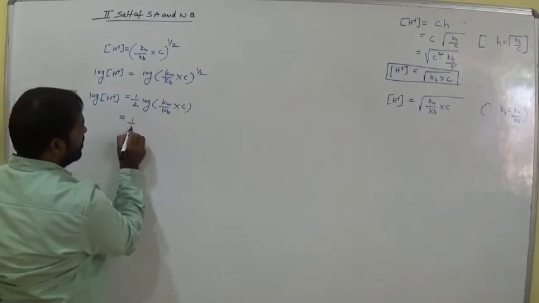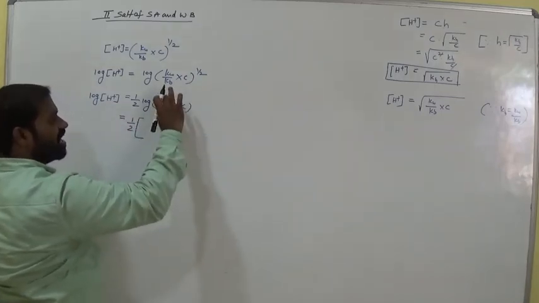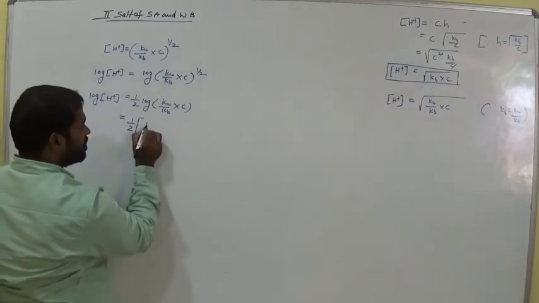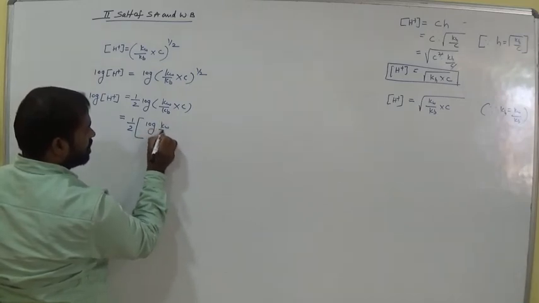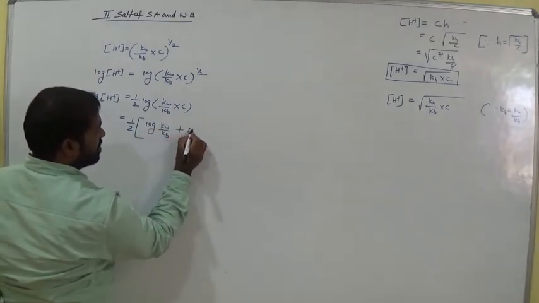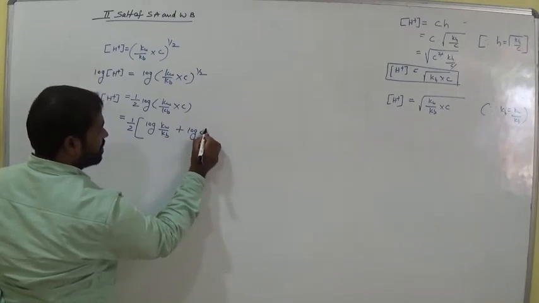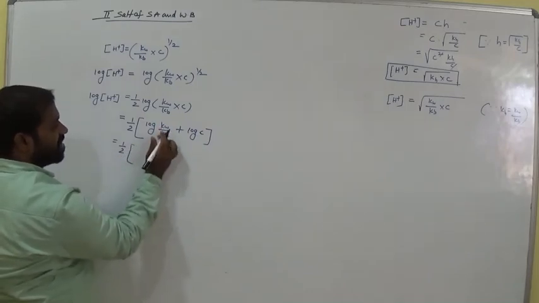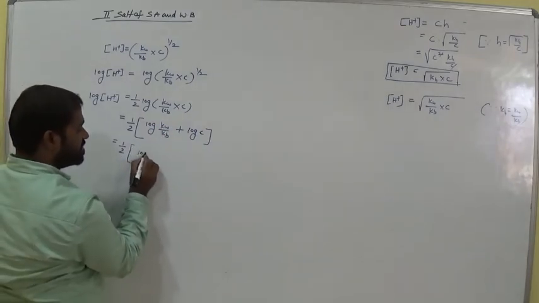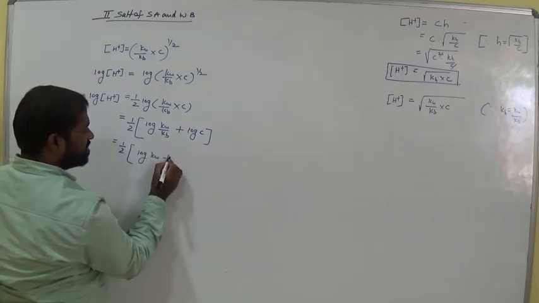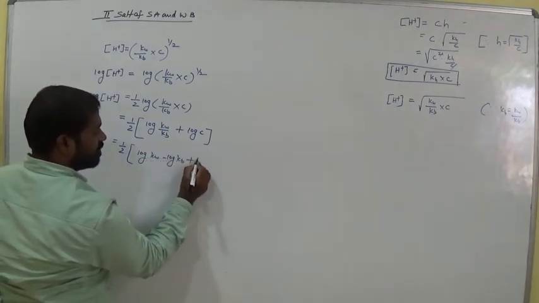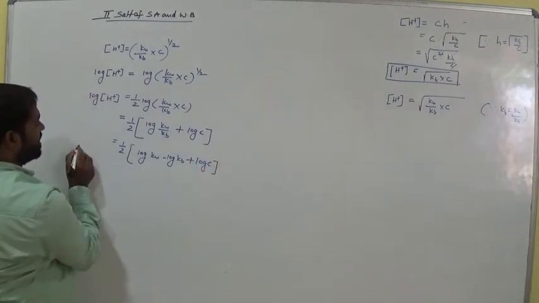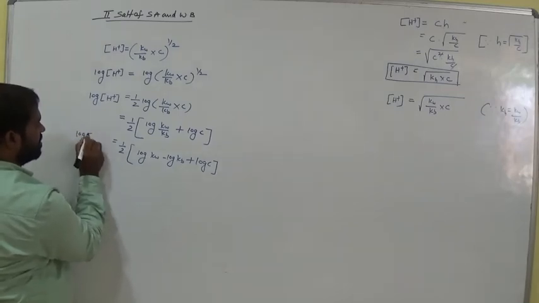Now this is log A into B. Am I right? Log A into B means log A plus log B. Log A plus log C, log AB. Now again this expression as log A by B. Log A by B means log A minus log B plus log C. Clear all of you? Now this is log H plus, am I right?